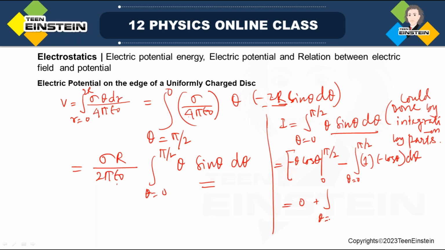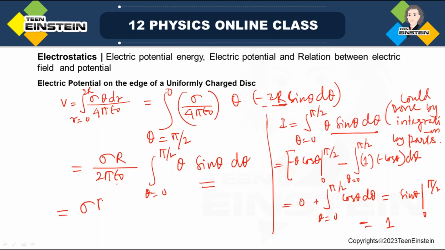So I have theta 0 to pi by 2 of cos theta, whose integration is sine theta, with limit 0 to pi by 2. Sine 0 is 0 and sine pi by 2 gives 1. So after integration, this part will be 1 only.